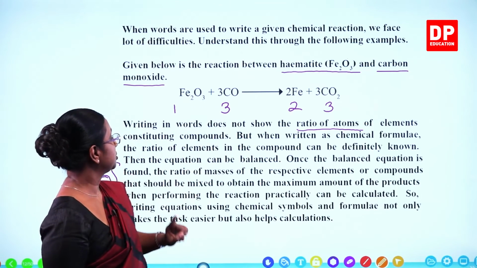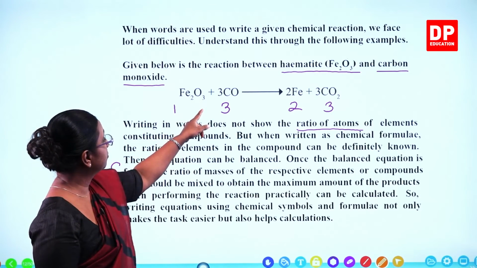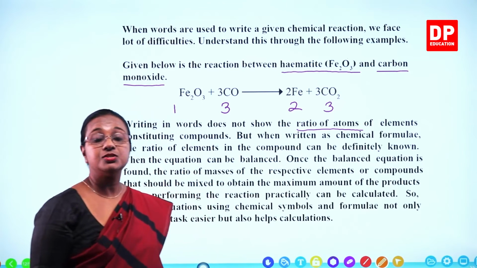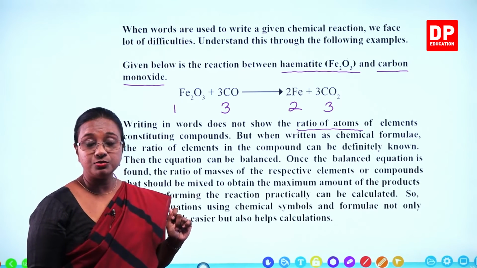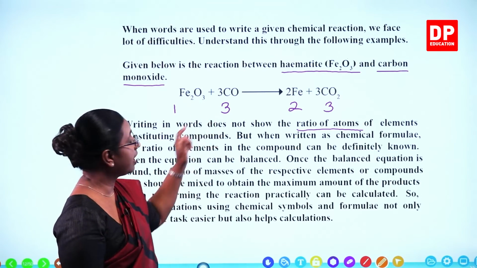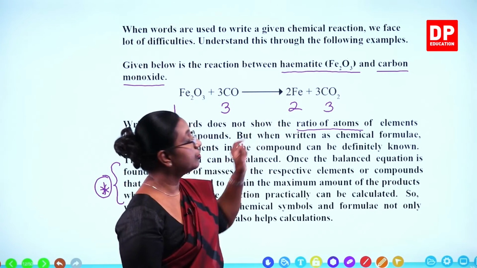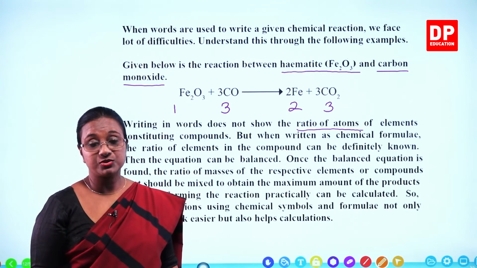That is the ratio. So if you take 1 mole of Fe2O3, that will react with 3 moles of carbon monoxide, and give rise to 2 moles of Fe and 3 moles of carbon dioxide.